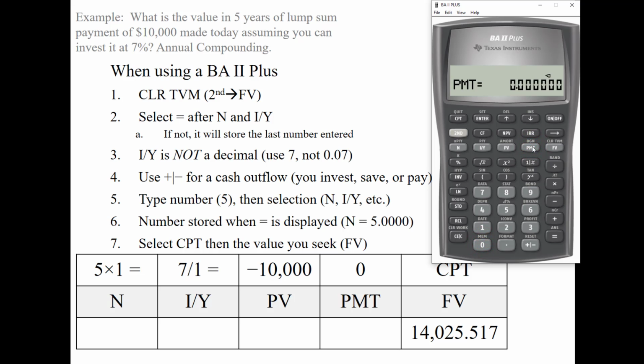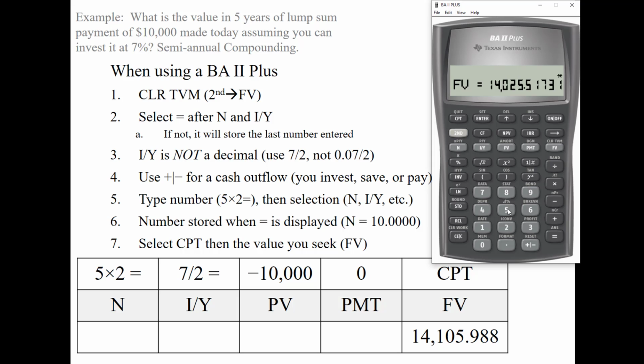And we're going to solve for our future value, so I'll hit CPT and then FV. And here we see a future value of $14,025 and about 52 cents. Again, this example is for our annual compounding, so we didn't have to make an adjustment for our N or our IY.